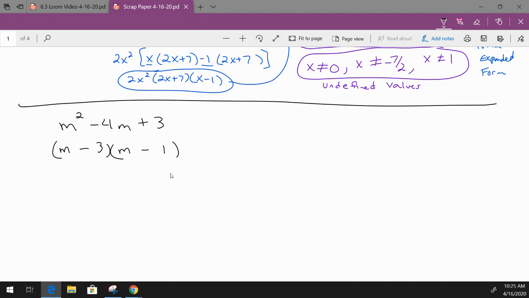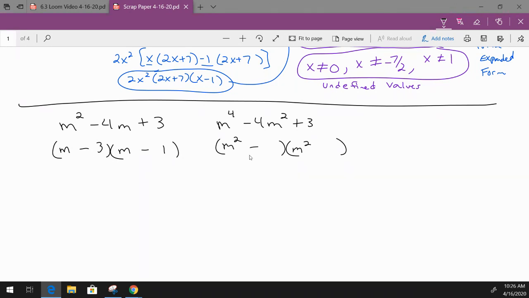Well, some of the problems that you're dealing with have larger exponents. So let's say instead of m squared, you had m to the 4th minus 4m squared plus 3. Notice that the exponent in the middle term is half the amount of the first term. So when you factor this, it's going to look exactly the same as this first example, but instead of m and m, it's going to be m squared and m squared.